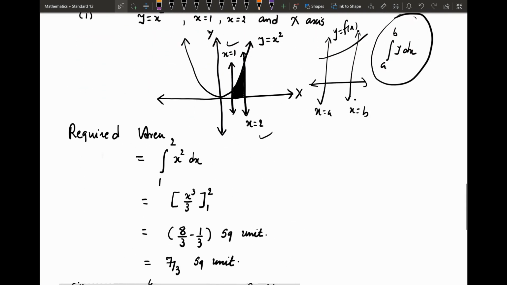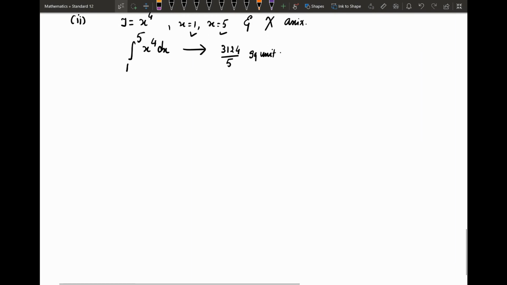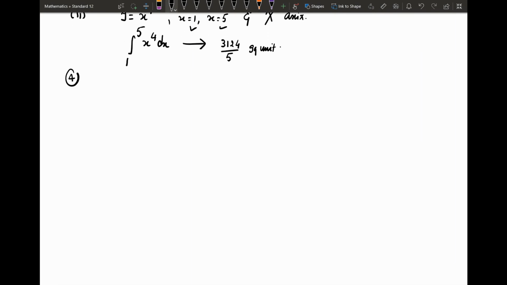Next example: find the area between the curves y equal to x and y equal to x square.